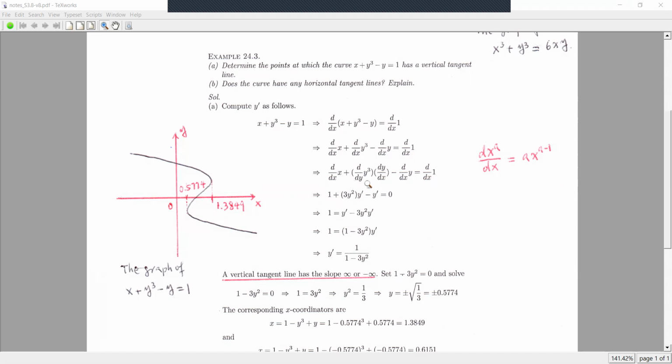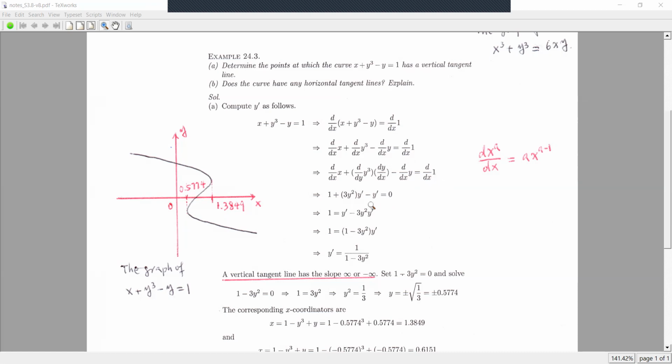The derivative of y to the third with respect to y is 3y squared by the formula here. The derivative of y with respect to x is y prime. And this is y prime. This is 0, the derivative of a constant.